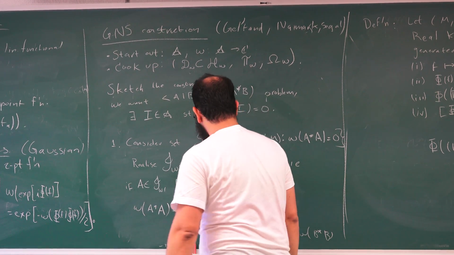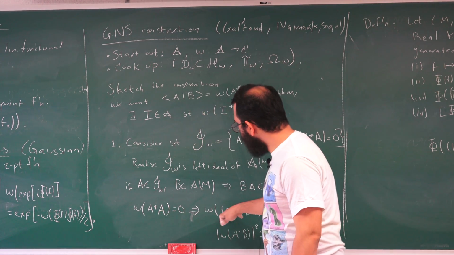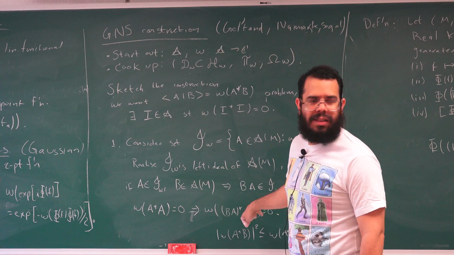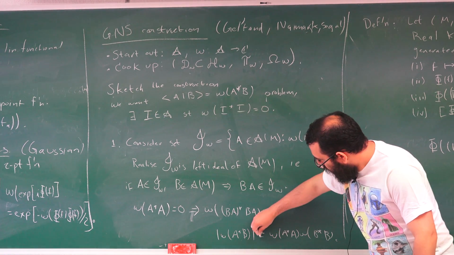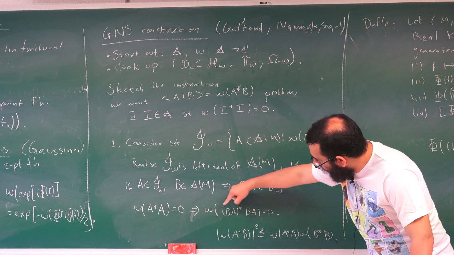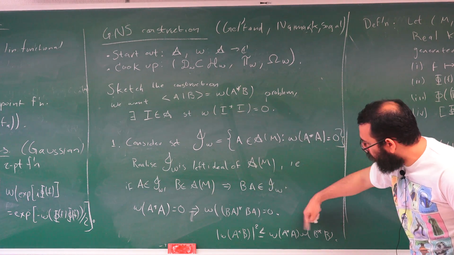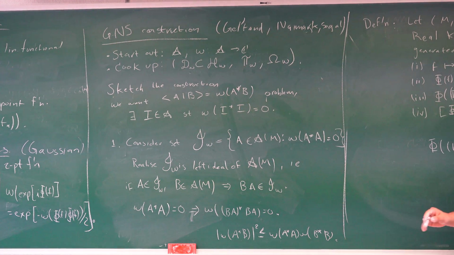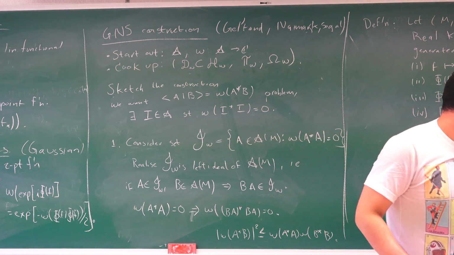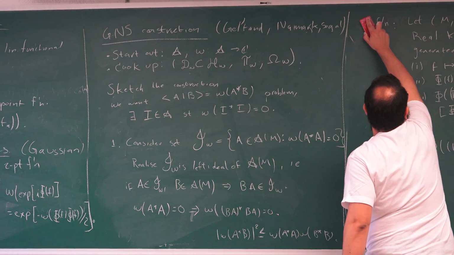The game is that you will find that this is less than or equal to W star A times something, but W star A is 0, therefore this is 0. Using the Cauchy-Schwarz inequality. That's the trick to see that that's an ideal.